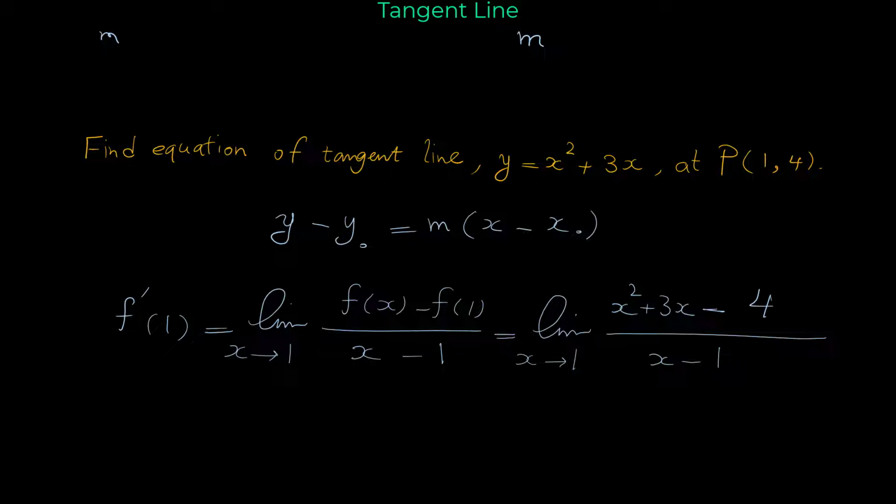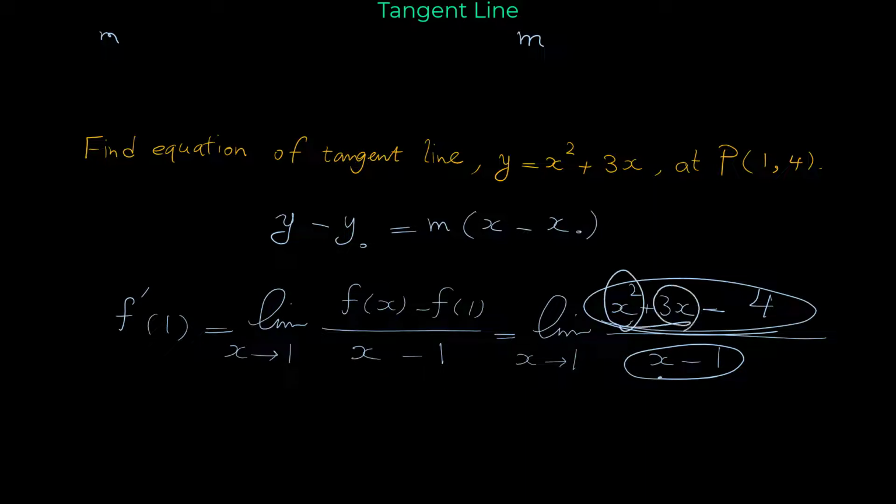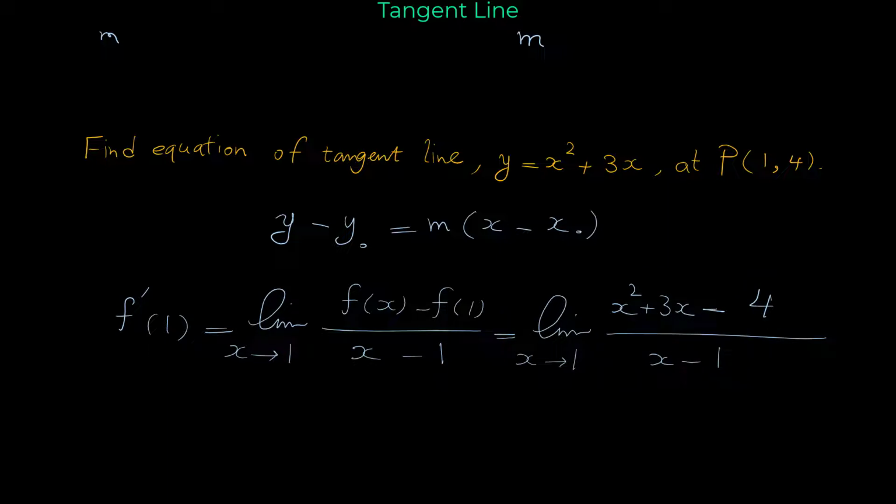In the denominator, 1 minus 1 is 0. In the numerator, 1 squared is 1, plus 3 times 1 is 3, 3 plus 1 is 4, and 4 minus 4 is 0. So direct substitution doesn't work for finding this limit.